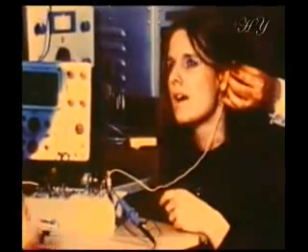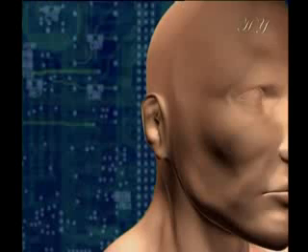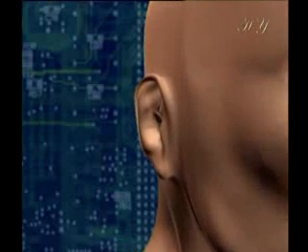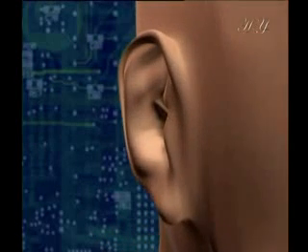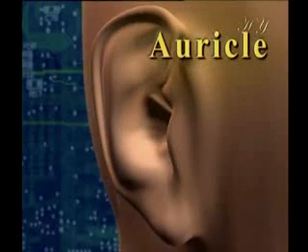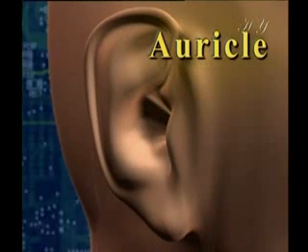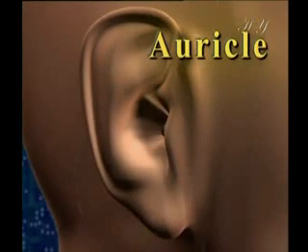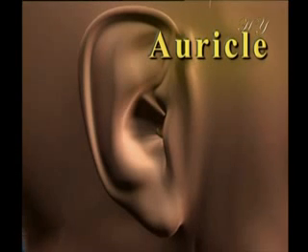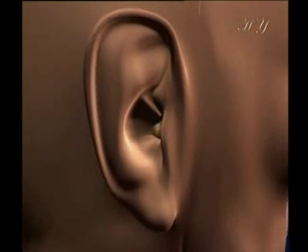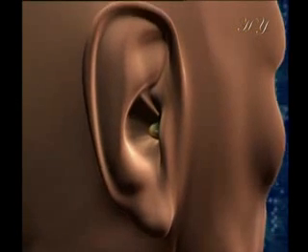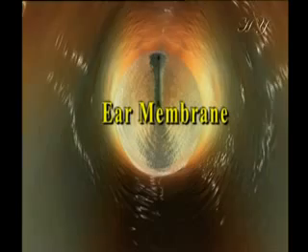As we know, hearing begins with vibrations moving through the air. These vibrations are reinforced in the auricle. In this way, the intensity of the sound waves is amplified by approximately 17 decibels on entering the outer ear, from where the sound vibrations reach the ear membrane.